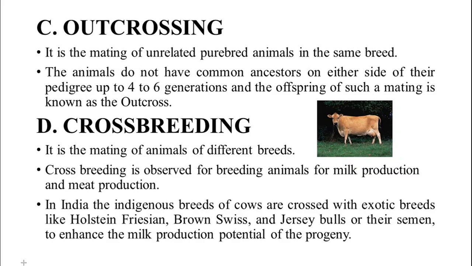For example, in India, the indigenous breeds of cows are crossed with exotic breeds like Holstein Friesian, Brown Swiss and Jersey bulls, or with their semen, to enhance the quality of milk production and the quality of meat.